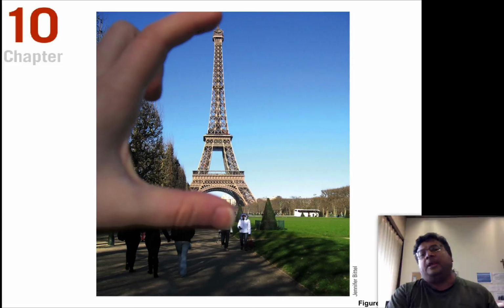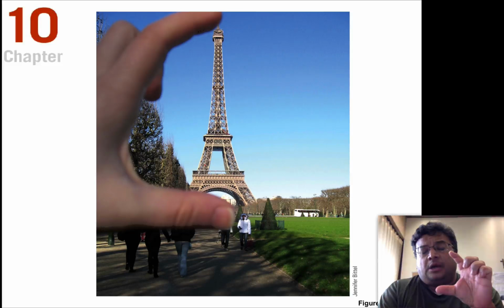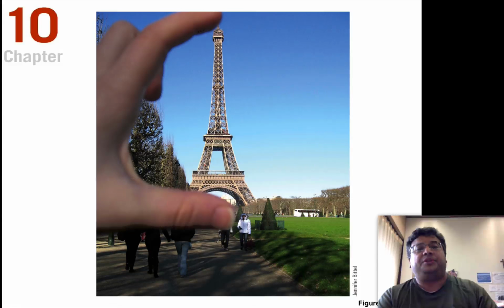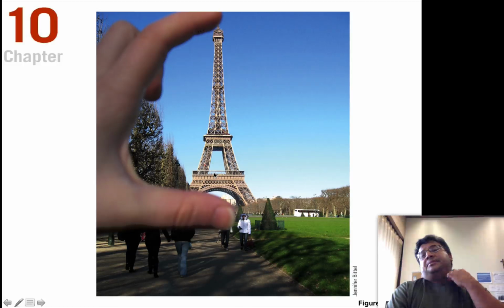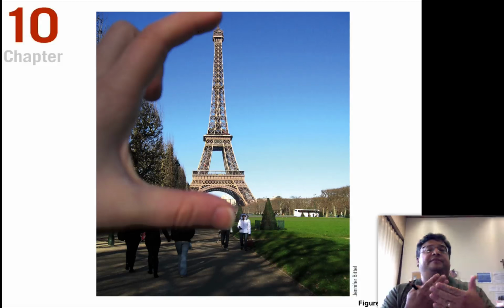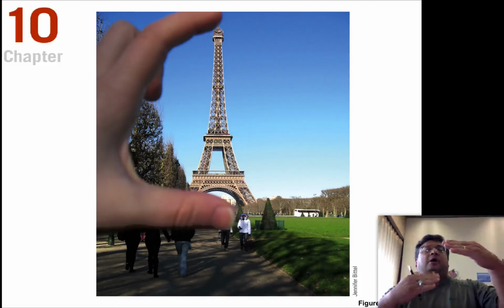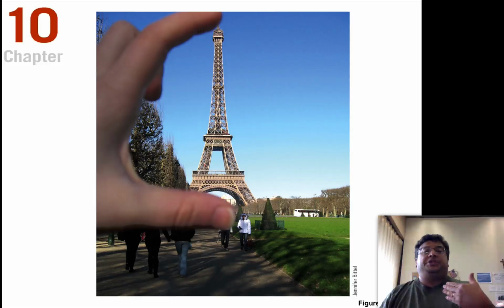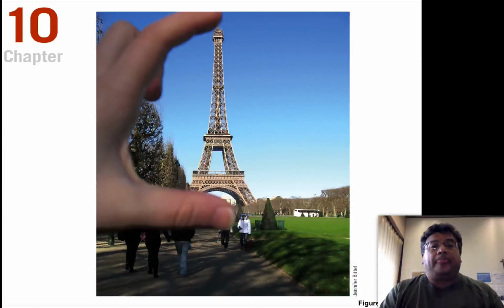The visual angle between these two points here in my fingers is the exact same as the visual angle of the Eiffel Tower itself. So visual angle is simply a measure of how big things are relative to each other as they're projected onto your retina.